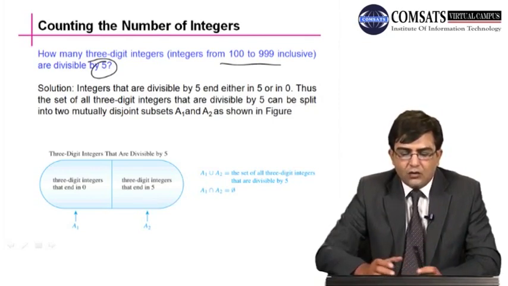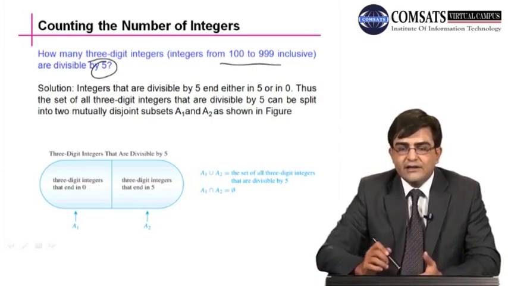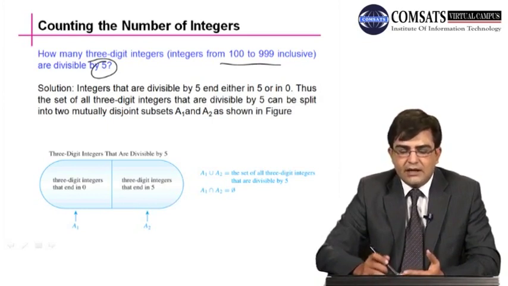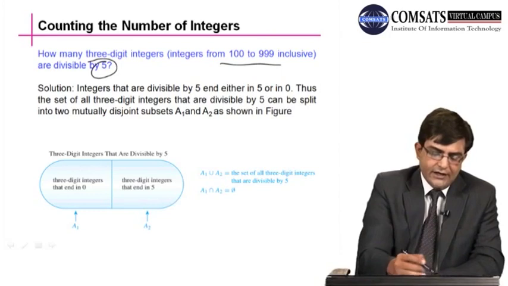So now systematically we divide this problem into 2 subsets, that is we calculate all the integers from 100 to 999 which have 0 at the end, and then we suppose that there is another set in which all those integers are included in which the end digit is 5. So we suppose there are 2 sets, A1 and A2.